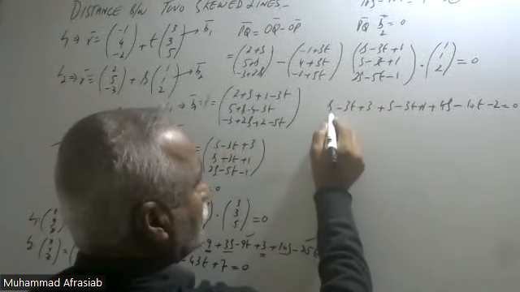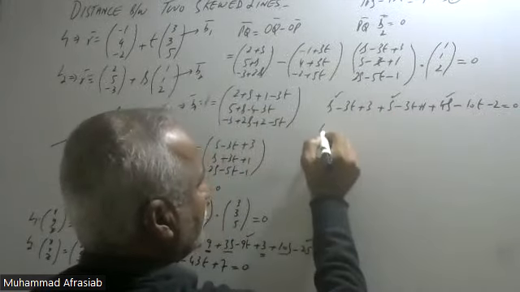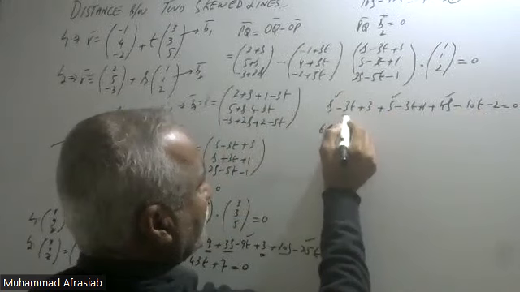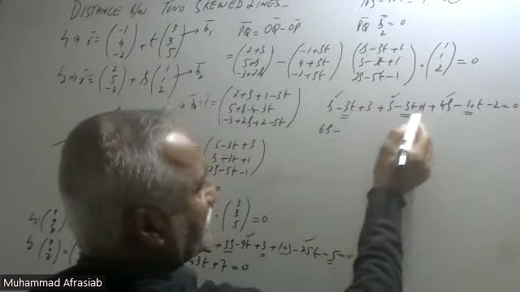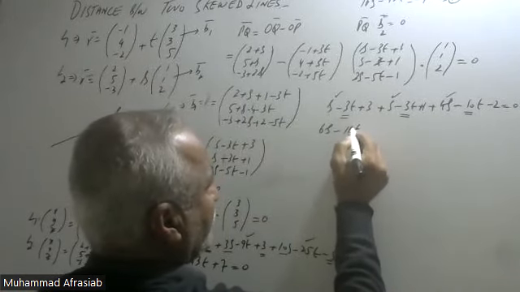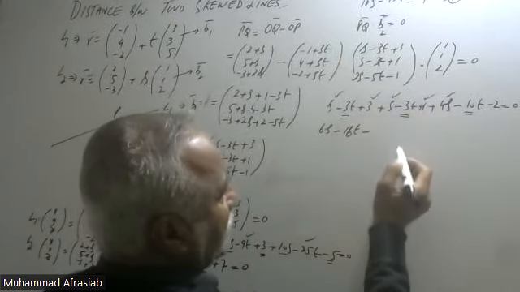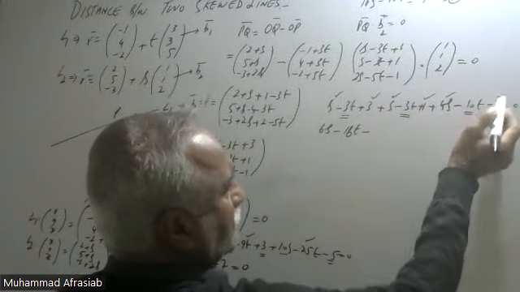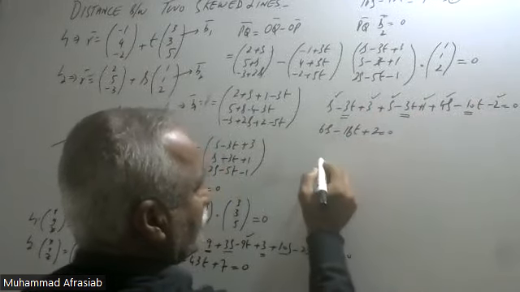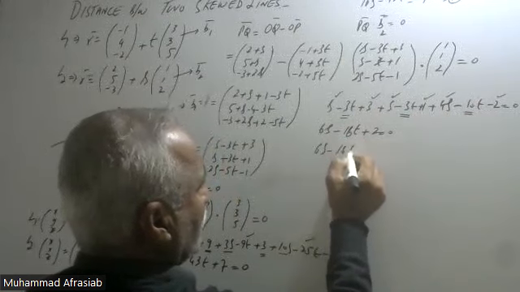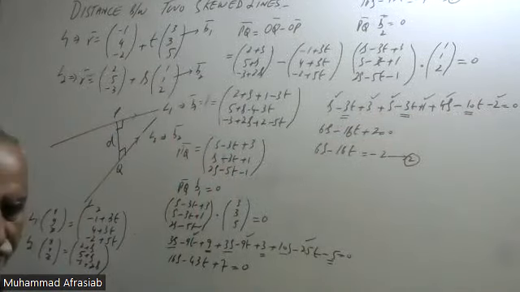This is going to be equivalent to s plus s plus 4s, 6s, and minus 3t minus 3t minus 10t, so minus 16t. Then plus 3 plus 1, 4, minus 2, should be equal to 0. So 6s minus 16t is equal to minus 2, and let's say that is equation number 2.